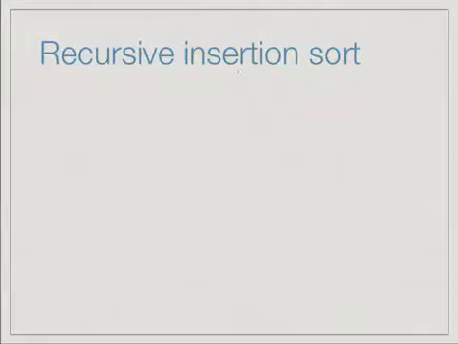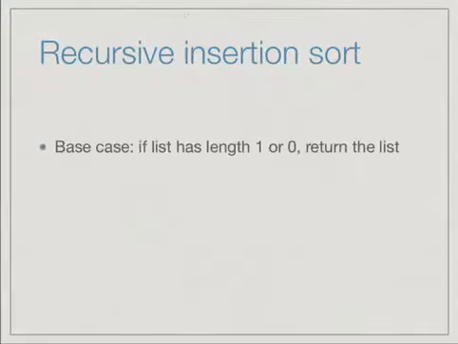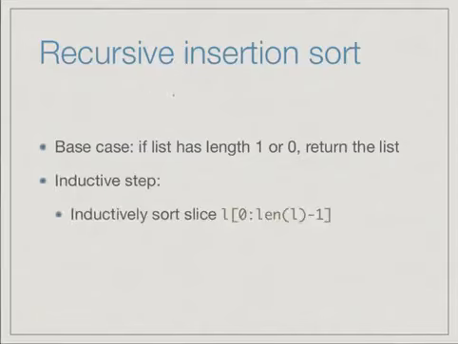So insertion sort, which we have seen, actually has a very nice inductive definition. If we have a list of size 0 or size 1, it is already sorted, so we don't have to do anything. So this becomes the base case. On the other hand, if we have a list of length 2 or more, we inductively sort the slice from the beginning up to but excluding the last position.